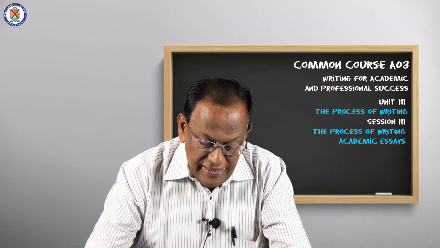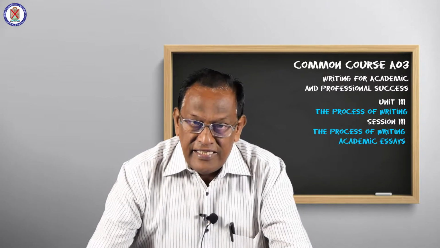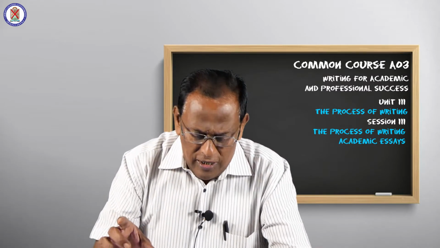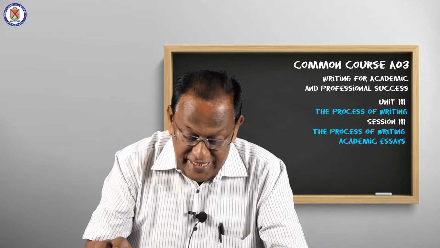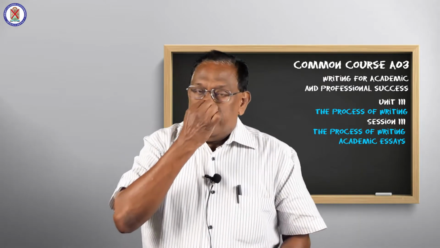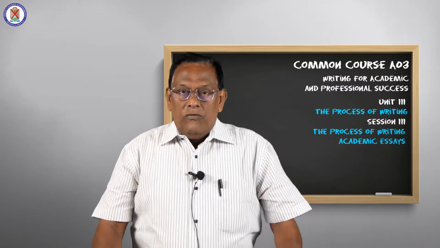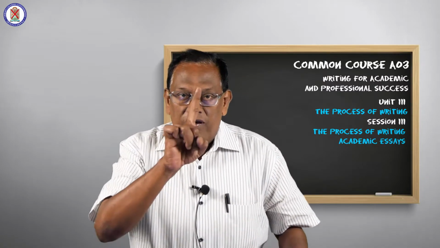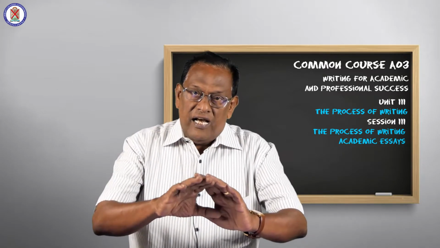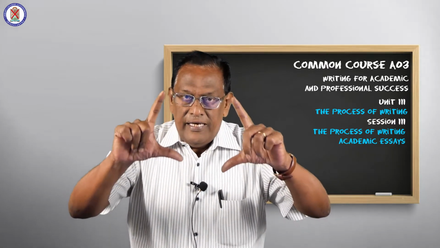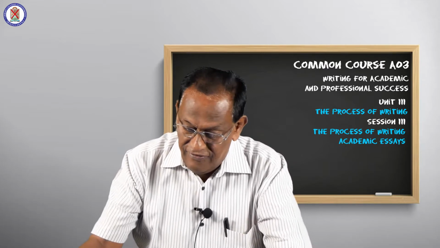And finally, sentences carrying transition or concluding statements on the topic of the paragraph. Okay, you understand what should be the content of a body paragraph, the three kinds of sentences that can be included in it.